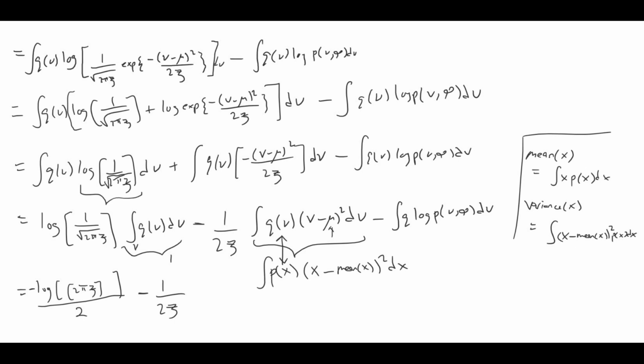We're integrating over all of nu here, and there over all of x. So just like this is the variance of x, this is going to be the variance of nu. We can write that this whole integral is the variance of nu, which we've already defined to be zeta. So we can replace this whole integral by just zeta. Let's do that. We're just going to multiply by zeta here, minus the integral of q log p of this.